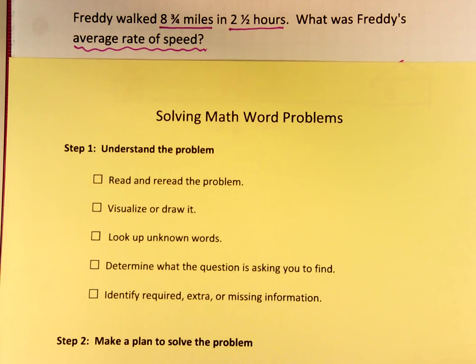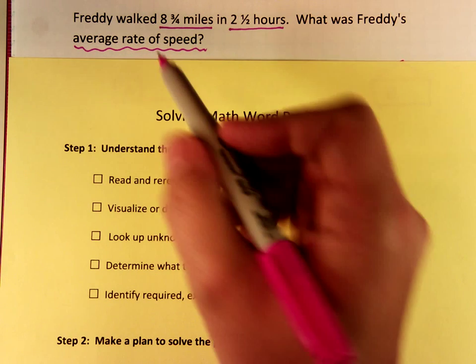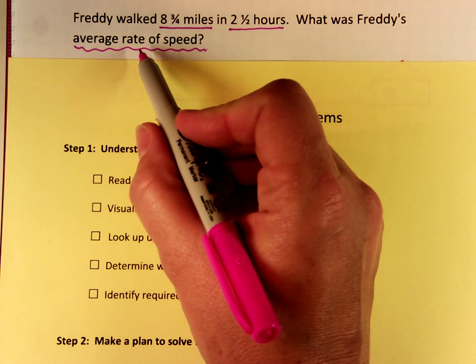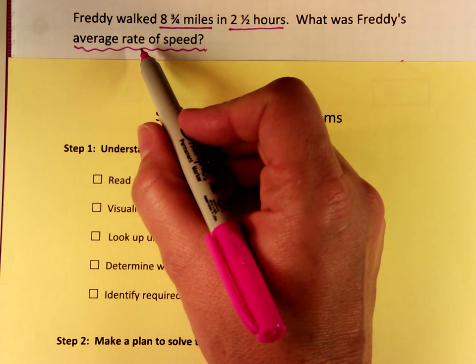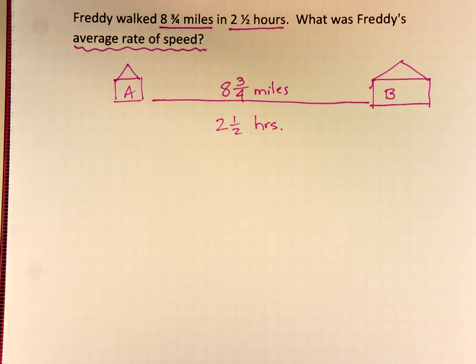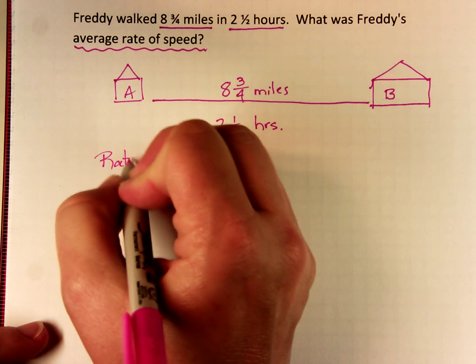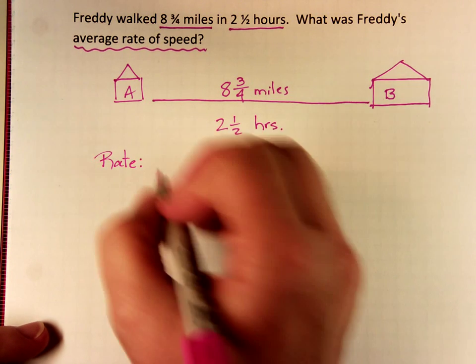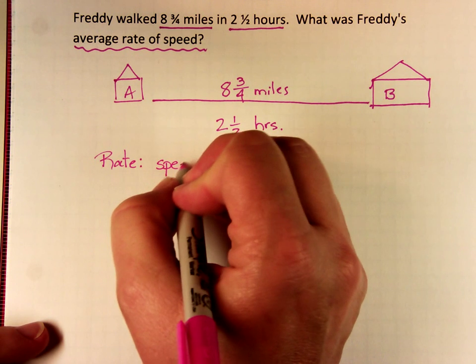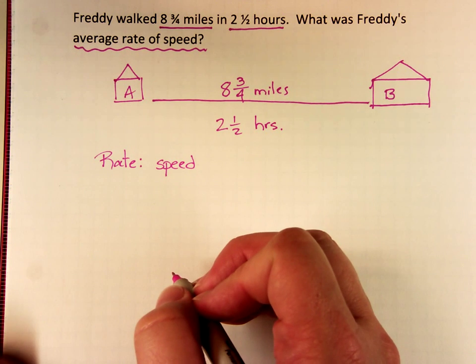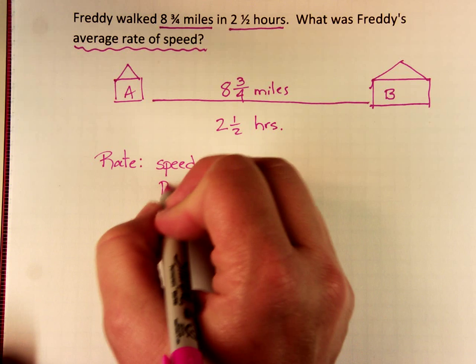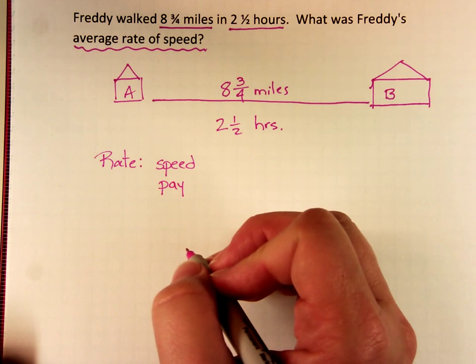Look up unknown words. I don't have any. The only thing that you might make a note of is rate. We've talked a little bit about rate so far. In fact, there are several different kinds of rate. Let's just go ahead and write some of those down. You can have speed. Speed is a rate. You can have pay, dollars per hour.